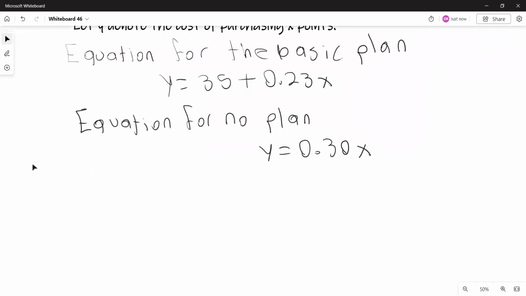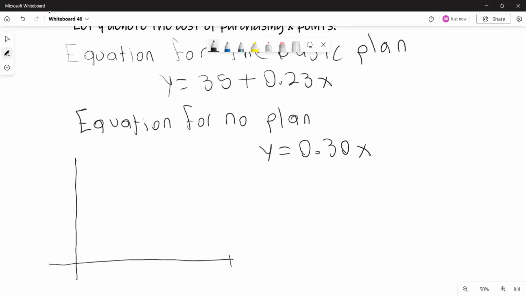Okay, so if we were plotting the lines, we would have something like this. The basic plan has y-intercept 35. So this would be for the basic plan.